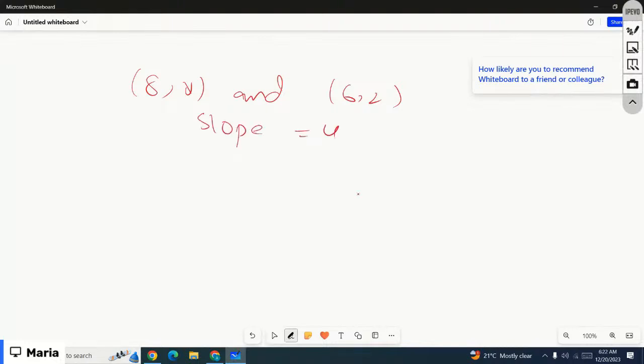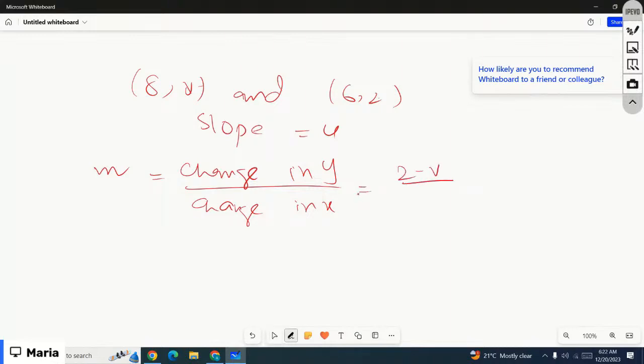So use the formula. The formula we use to calculate the slope is change in y divided by change in x, right? M equals change in y divided by change in x. Y is 2 minus v divided by 6 minus 8, and the slope given is 4.